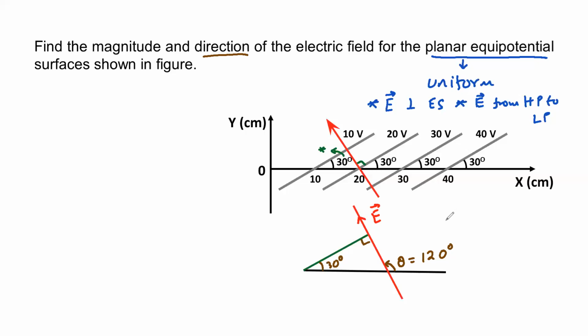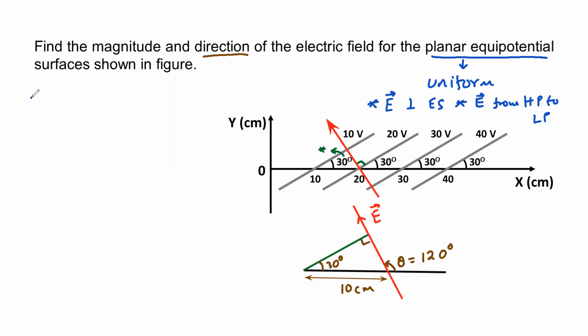All right, now let's calculate the magnitude of this electric field. If you look at this particular distance, I'll use a thinner arrow. It is 20 minus 10, or it is simply 10 centimeters, right? Now, the potential difference, you know the formula for potential difference in case of uniform field.